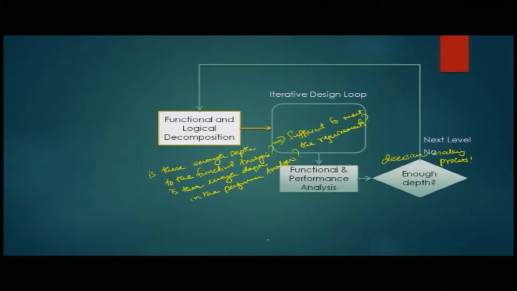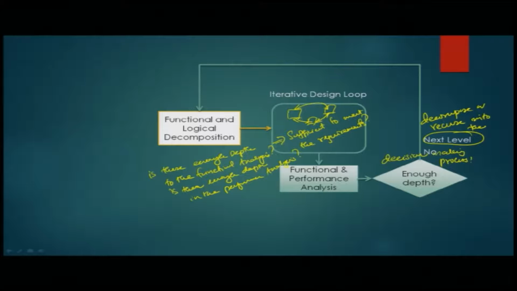And if the answer is no, then you decompose or recurse into the next level. So, you go to the next level, you take the whole system down to the next level, and again do the functional and logical decomposition, within which you start doing the three things that we drew here. Okay. The design loops, the recursive and iterative process happens, and the iterative design loop, and you again do the functional and performance analysis.